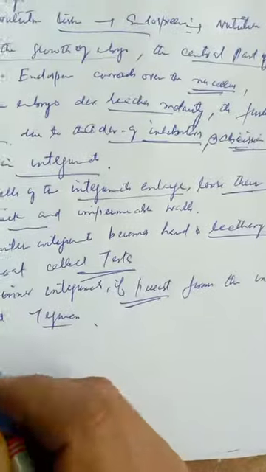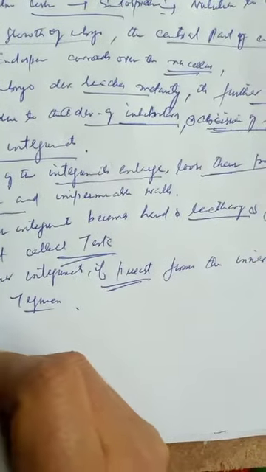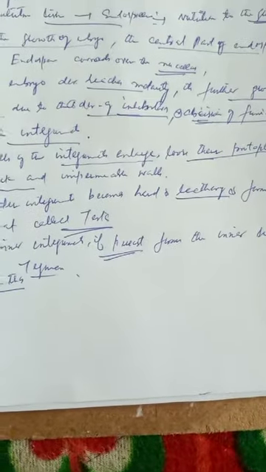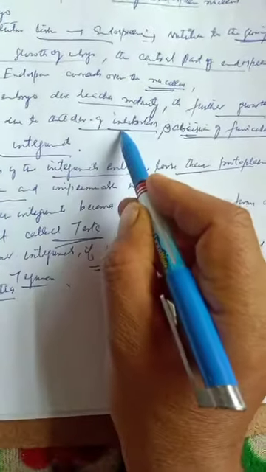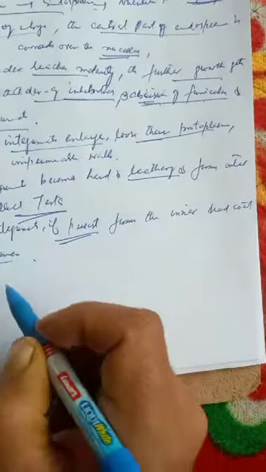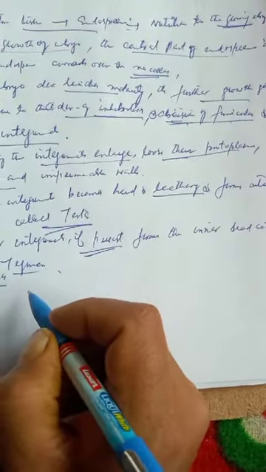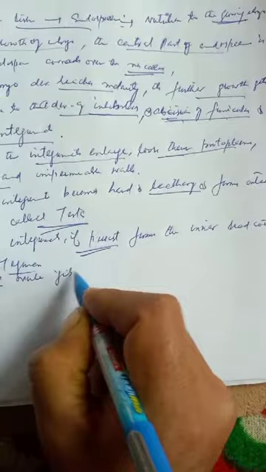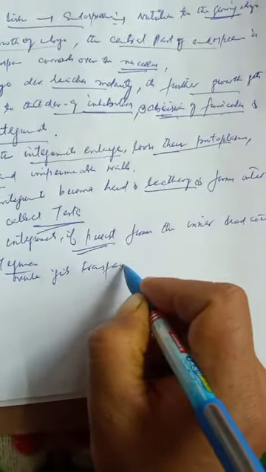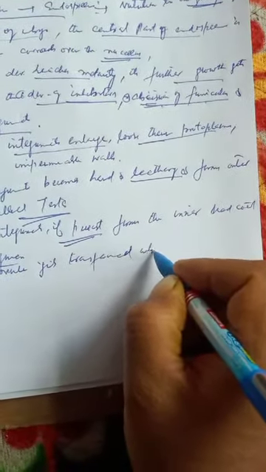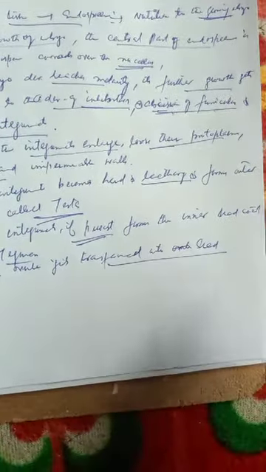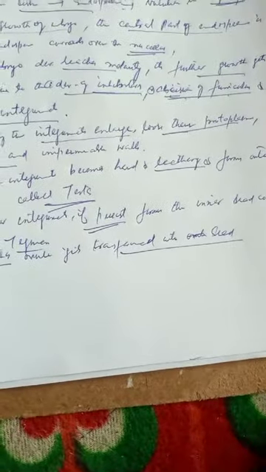With these changes, the development of inhibitors, abscission of the funiculus, and the various changes in the integuments, the ovule is transformed into a seed.